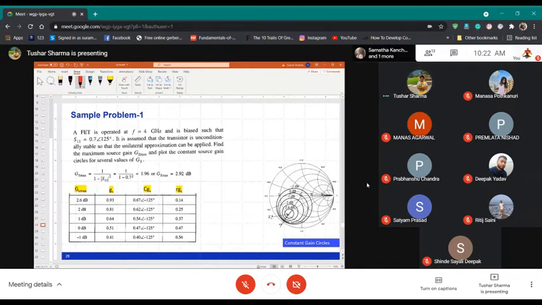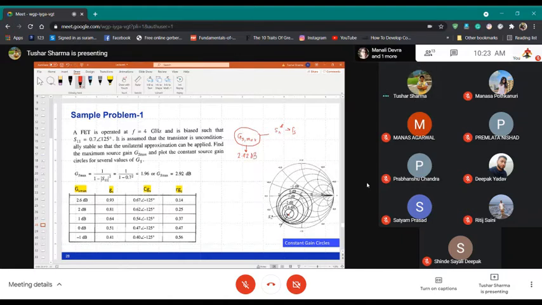Okay, this point will give me maximum gain, which in this case is GS max. This will be a single impedance which will give me maximum gain, and that impedance is given by S11 conjugate. That will be my gamma S. Now, I know what my maximum gain is because I have calculated it, which is 2.92 dB.